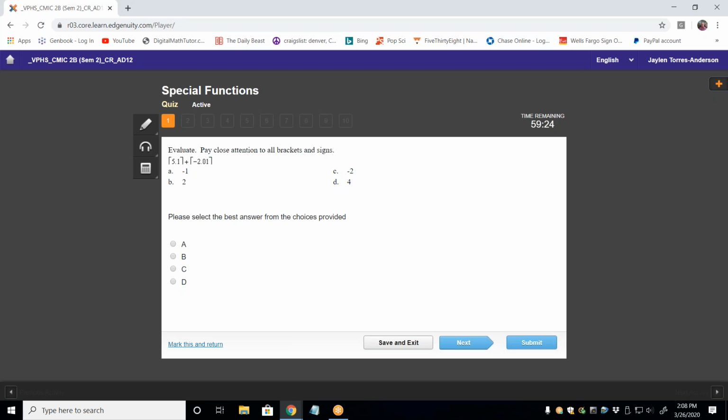Which way do you go? You have to figure that out first. Okay, now what's the first integer you run into? You should be able to draw a number line in your head. It's not that hard. It goes 0, 1, 2, 3, 4, 5, 6 to the right, 0, minus 1, minus 2, minus 3 to the left.